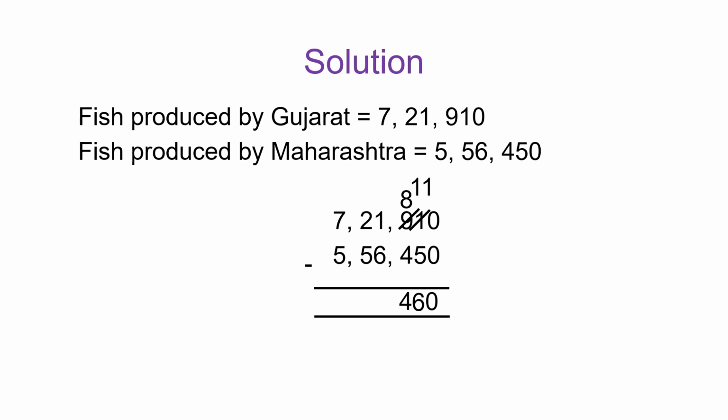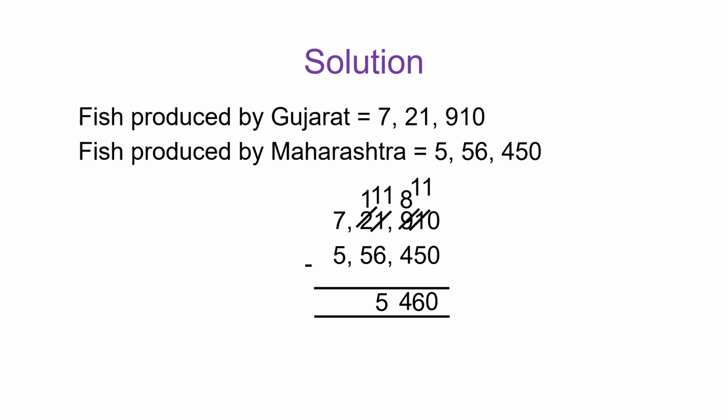Here we cannot subtract 6 from 1. So we have to regroup once again. 2 becomes 1 and the 1 becomes 11. 11 minus 6, 5.